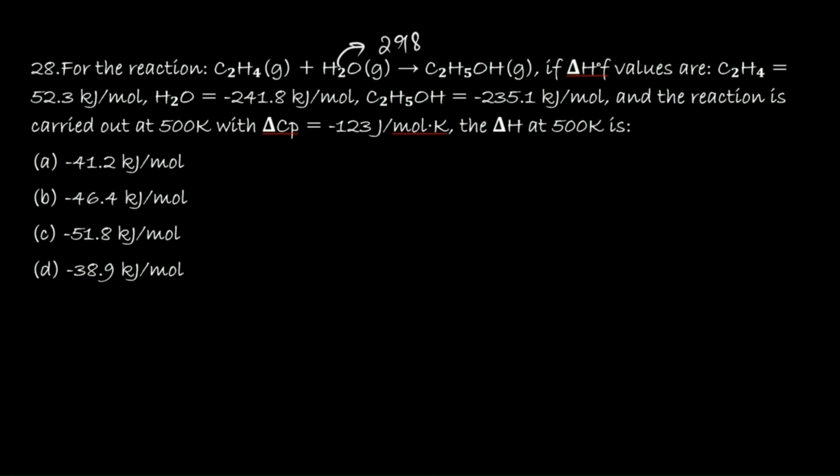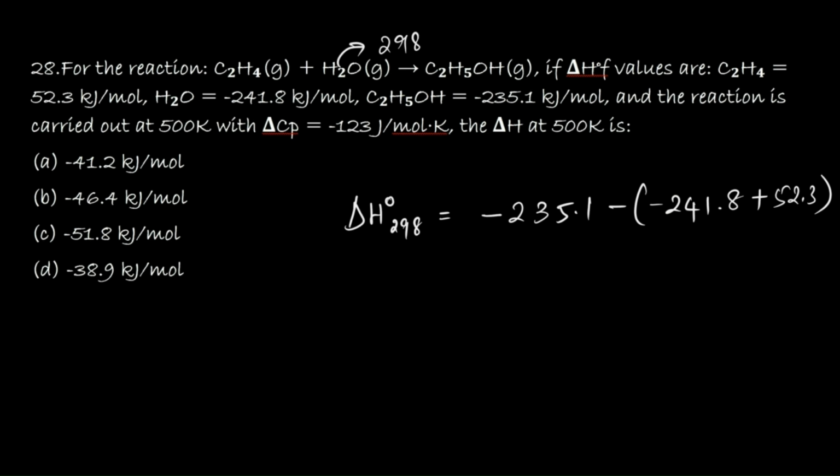So delta H naught 298 is equal to minus 235.1. I'm just subtracting the values, substituting the corresponding values: 241.8 plus the remaining 52.3, which is minus 45.6. They are asking for delta H at 500.